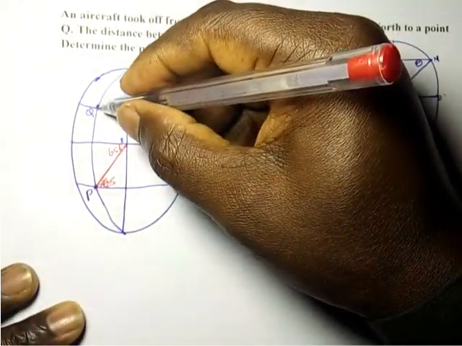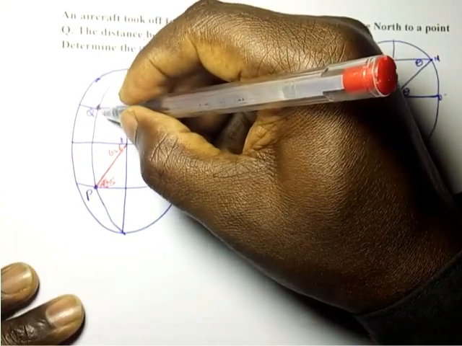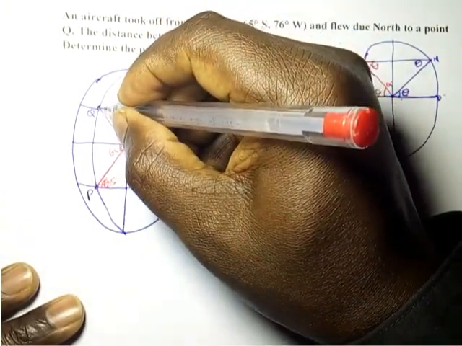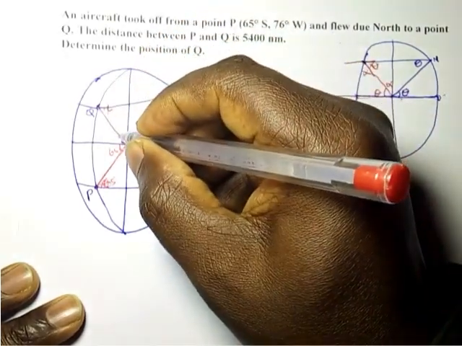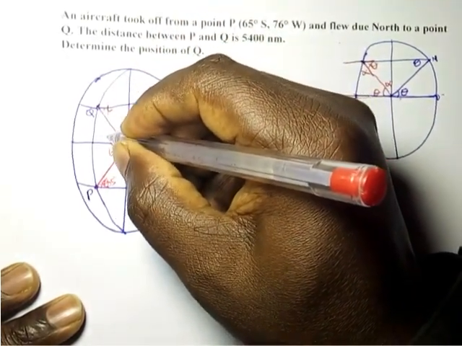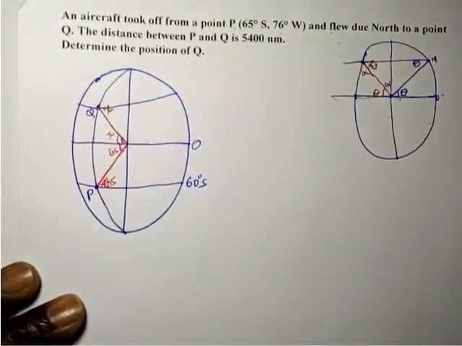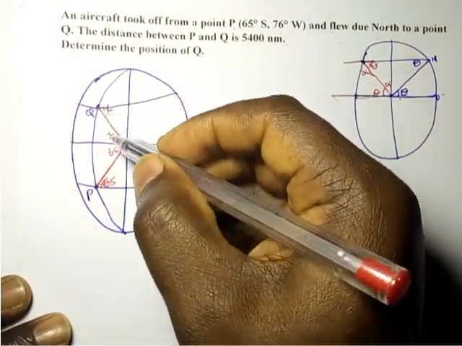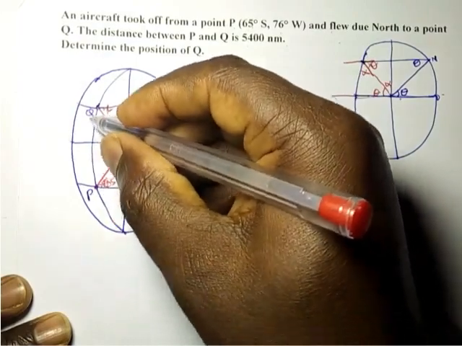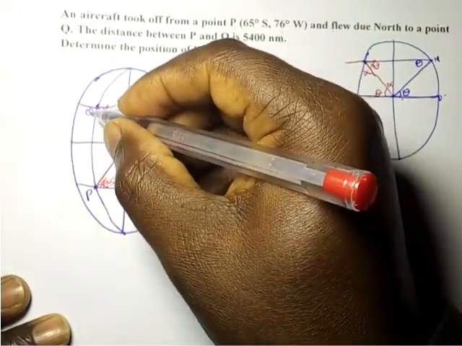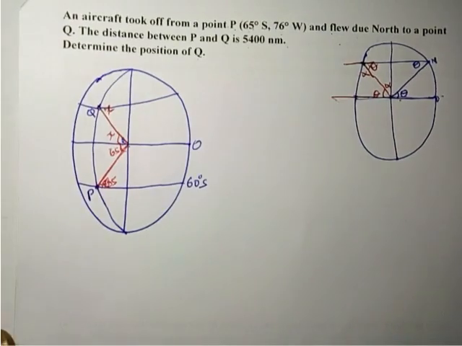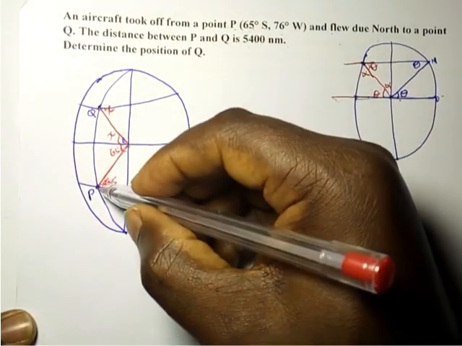So this point Q, we don't know where it is, will also subtend an angle X at the center. So the difference is 65 plus X to give us PQ. The angle subtended at the center is 65 plus X. Very important. Therefore, we know this is on a great circle.